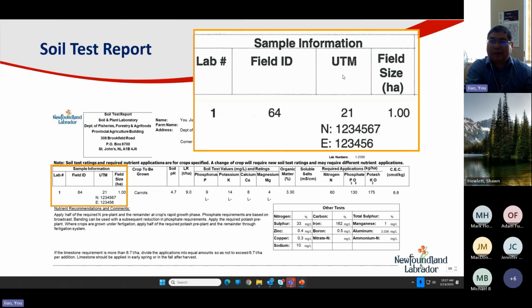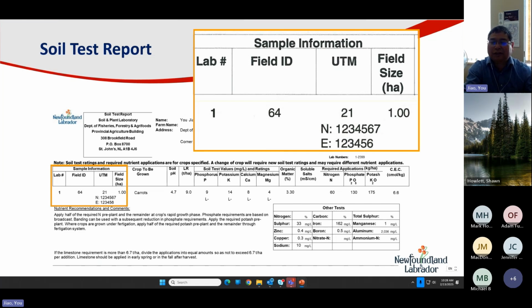There's the UTM. This is the GIS; someone may be familiar with this one. A couple of years ago, when we had the farm mapping as a service, we encouraged producers, when you submit a sample, to put in the UTM information. Basically, UTM zone 21 is for the island of Newfoundland on the map.